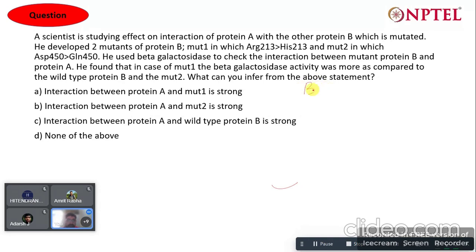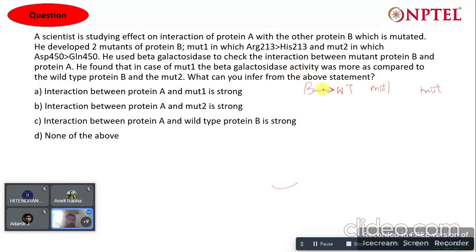Okay, so we have three variants of B here. One is the wild type, one is mut1 that has arginine mutated to histidine, and another is mut2 that has aspartate mutated to glutamine.